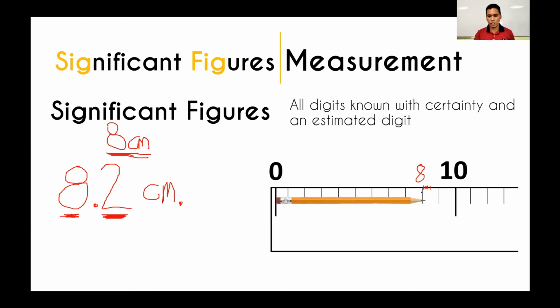In this case, the calibration of the ruler is in ones, so the estimated value is the tenths value of your decimal place. So make sure to notice that your estimated value is always the last digit of your measurement.